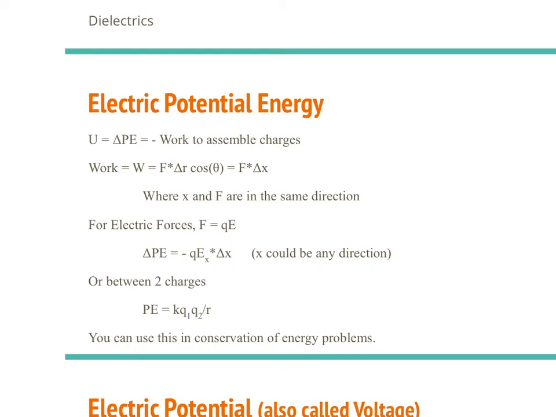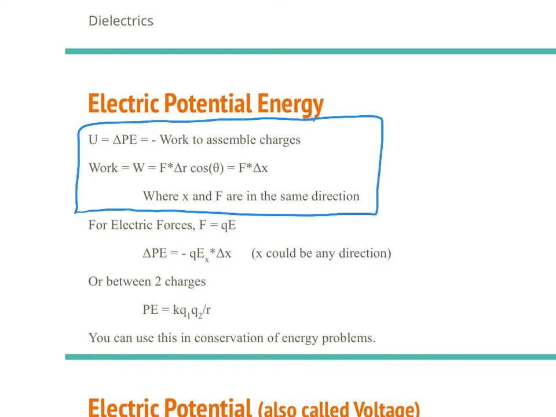We went over electric potential energy earlier this week. In there, we could make our connections between work and forces and potential energy, and furthermore make our connections between forces and electric fields and potential energy.